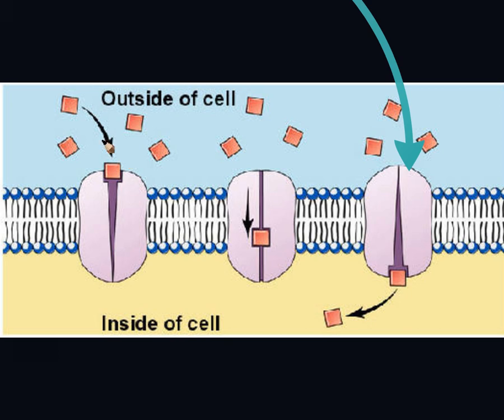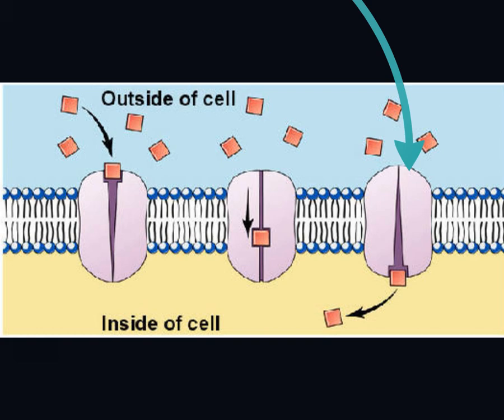So think about, for instance, if you had some sort of molecule with a positive region and a negative region to it, then the tunnel, the pore, could have one side that has slightly negative charges and one that has slightly positive charges to accommodate that molecule through. So they can be quite specific tunnels to what's transported through them.